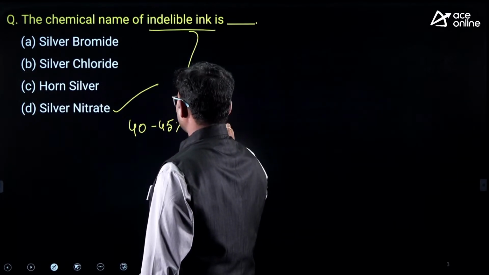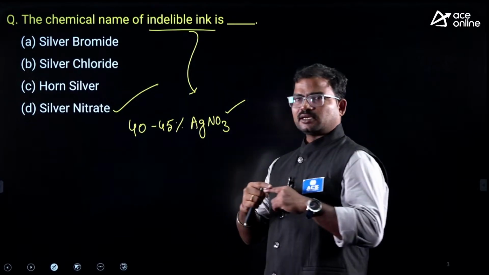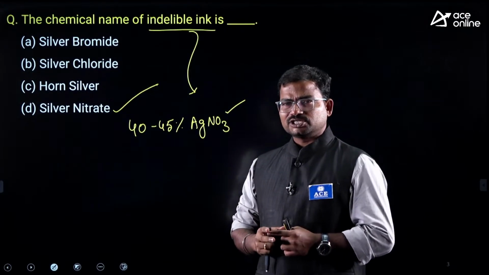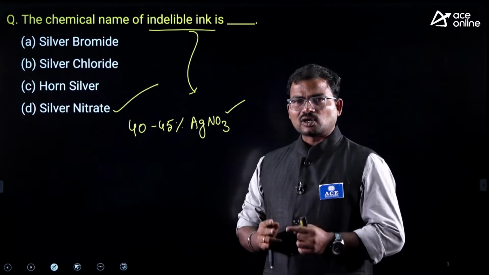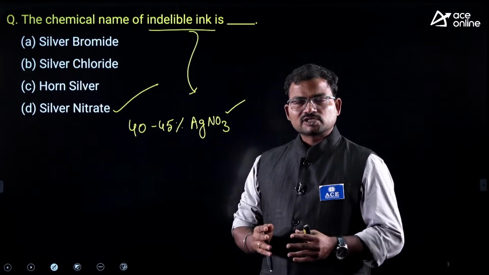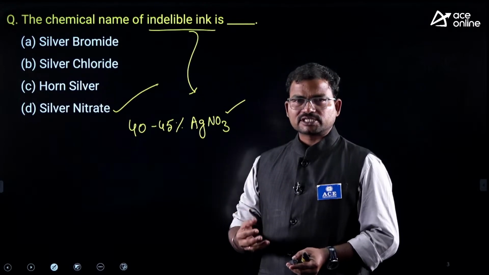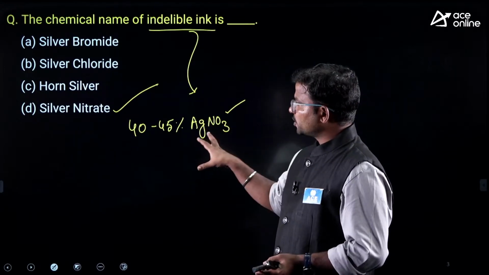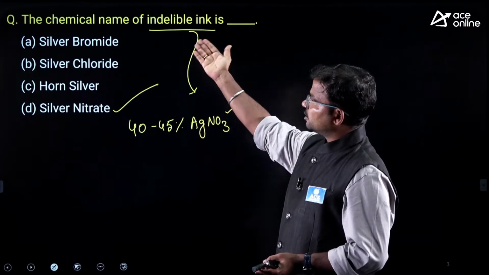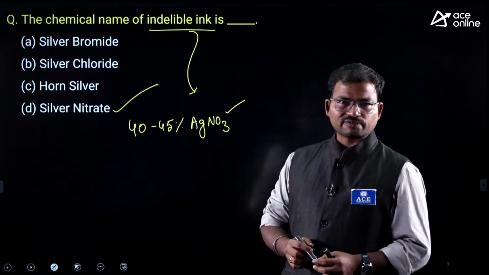The complete chemical composition of indelible ink is mostly not revealed, because if we reveal the complete composition, there is a chance of making an antidote. So they disclose only to some extent. The same kind of derivatives may come in the examination also.